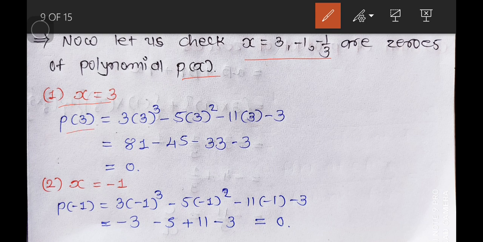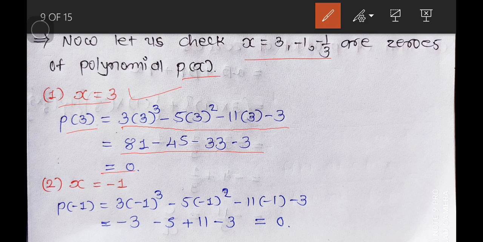So p of 3 is equal to 3 into 3 cube minus 5 into 3 squared minus 11 into 3 minus 3. So here 81 minus 45 minus 33 minus 3, and at last we get 0. So x is equal to 3 is a zero of the given polynomial.